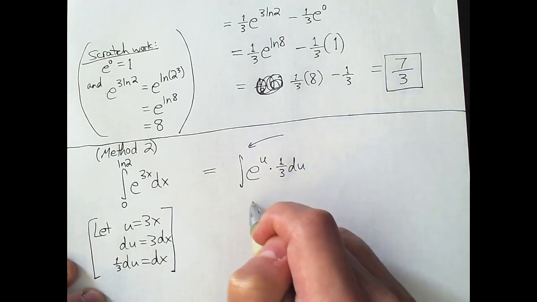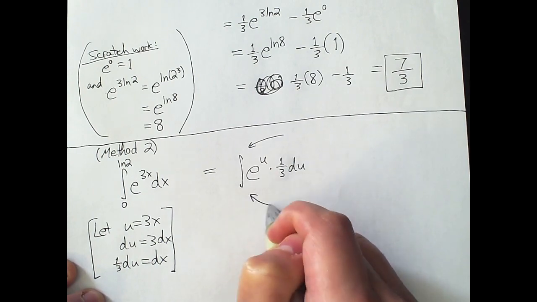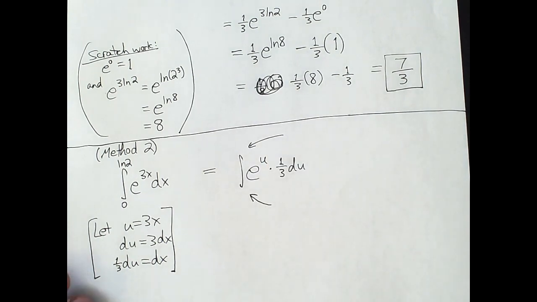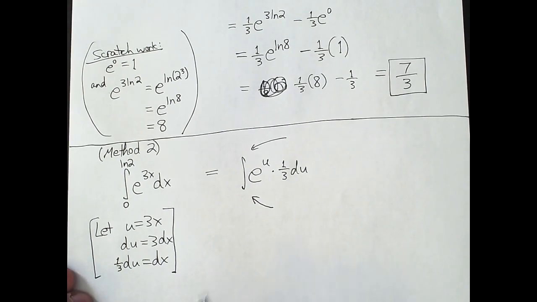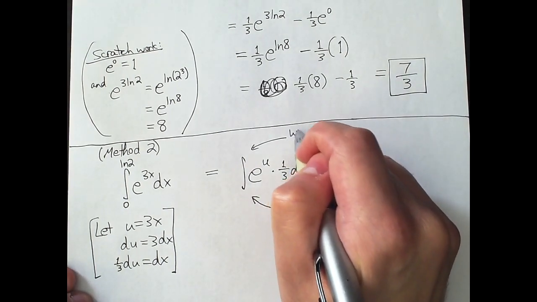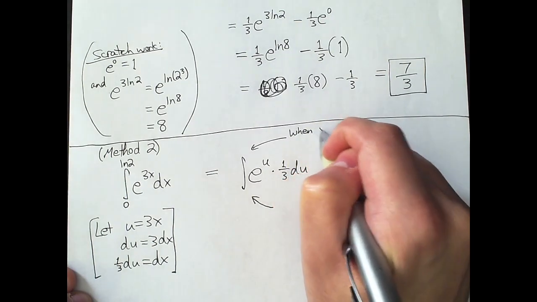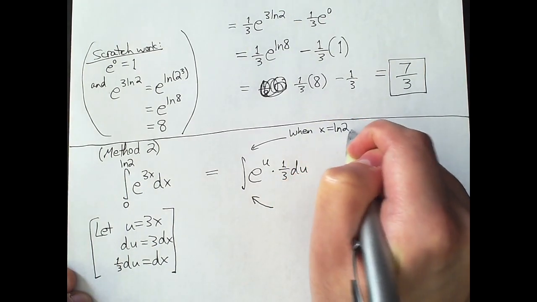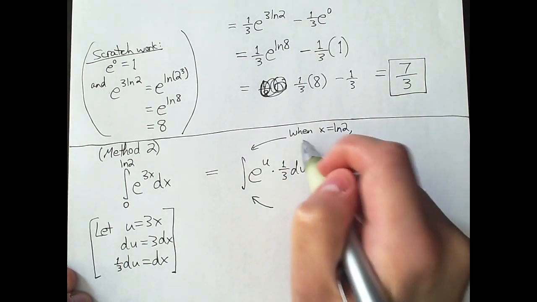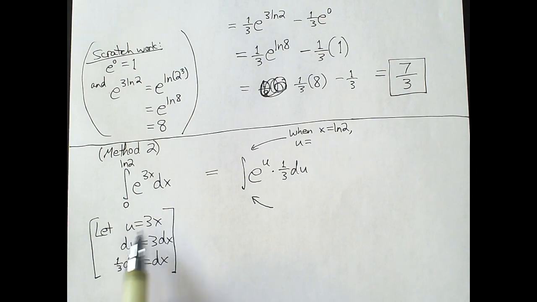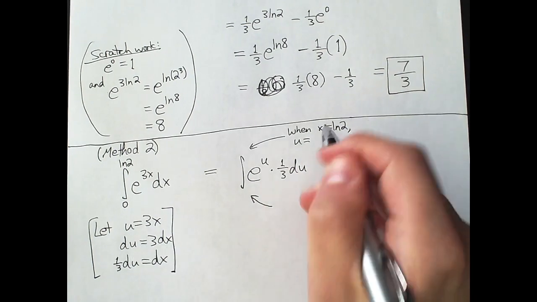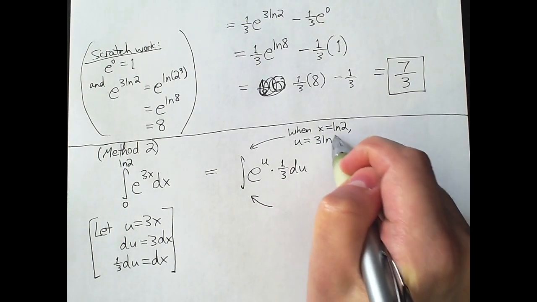But let's figure out the new limits of integration, what goes here. We've converted the problem into terms of u, and when x is ln 2, what does u equal? u is 3x, right? u is 3 ln 2.